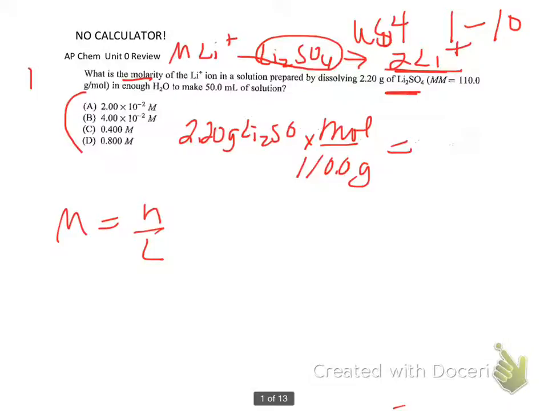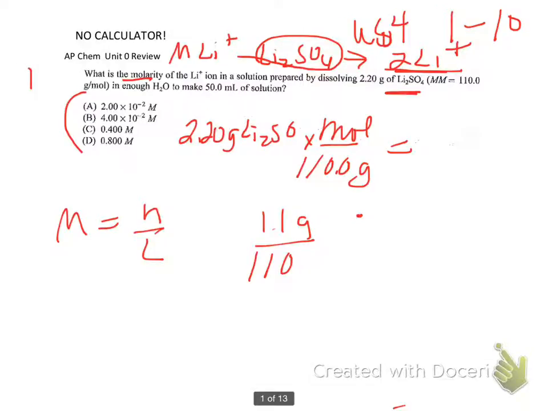And if I look at this, if I had, say, 1.1 grams of lithium sulfate, I think you can see that that is going to be not a tenth of a mole, but 100th of a mole, right?